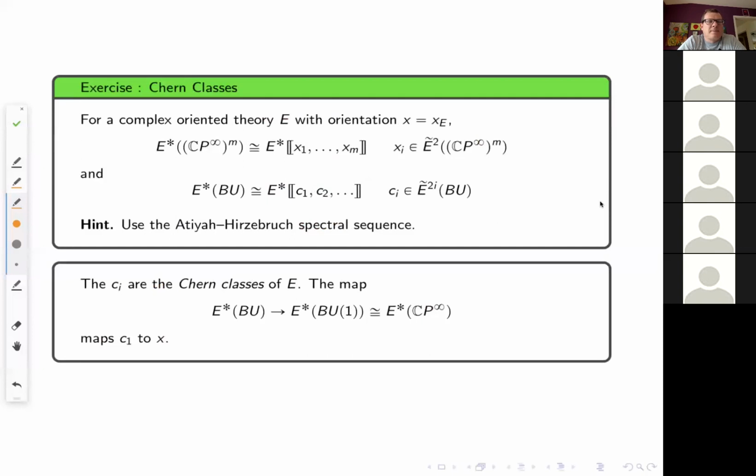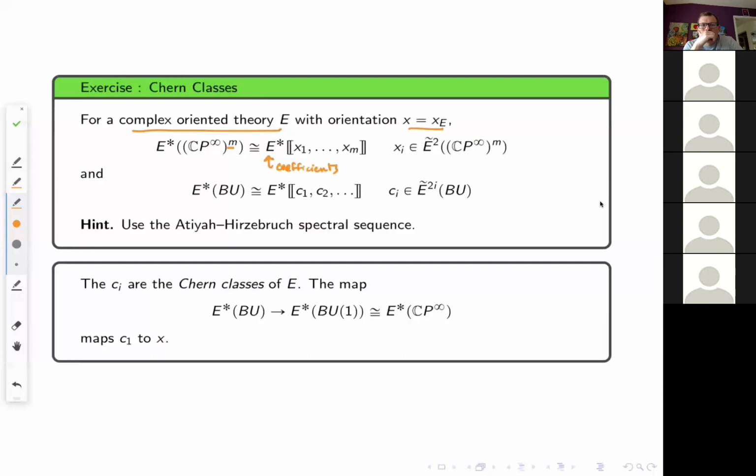So if you have a complex oriented theory with your orientation X equal to X_E, then in general, if you take the E cohomology of CP infinity, Dan's question is about when m is equal to 1, but it's true if you take a product of them: the cohomology is going to be power series over E star, often called the coefficients of the theory, on m generators. So in particular, it works for 1.